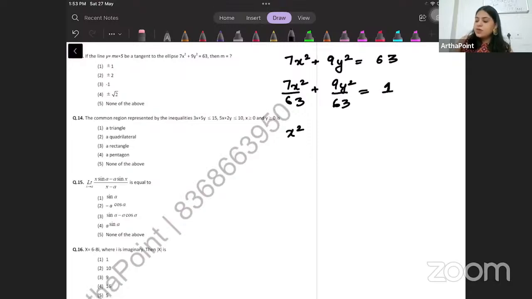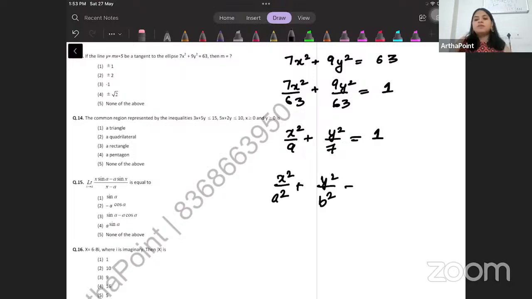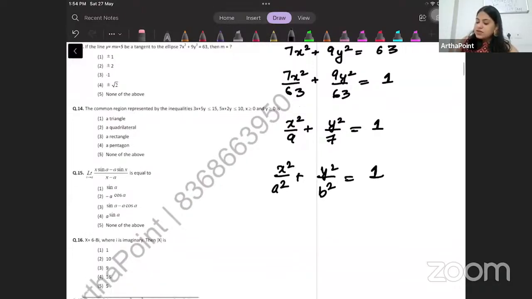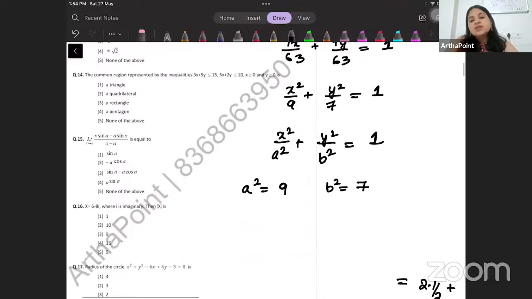So you will get x square by 9 plus y square by 7 is equal to 1. But this is the equation of an ellipse. The equation of an ellipse is x square by a square plus y square by b square is equal to 1. So from here I have got that a square is 9 and b square is 7.